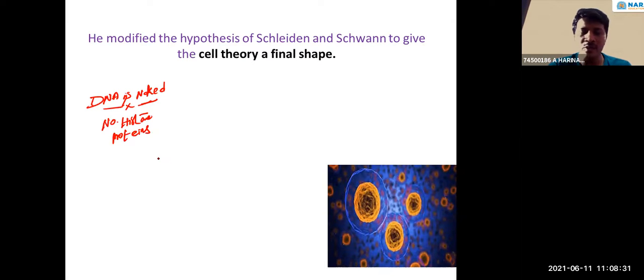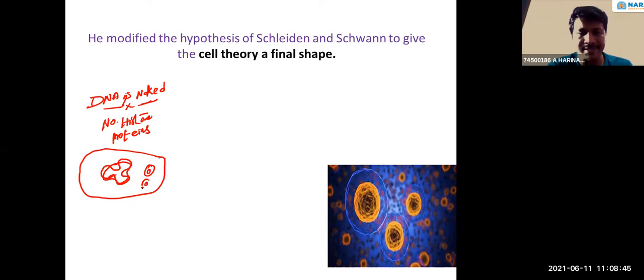Only a single chromosome is present, for example in bacteria. Along with the single chromosome, plasmids are also present, right?